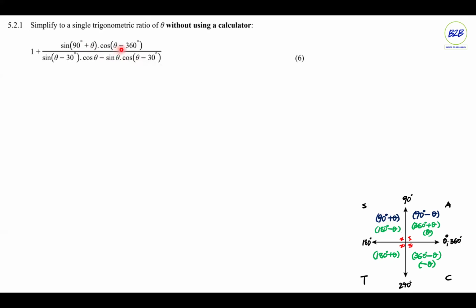And then all of a sudden, you have theta minus 360 degrees. That is not part of our normal reduction formulae. That's a problem. And where is the problem? Minus 360 degrees.